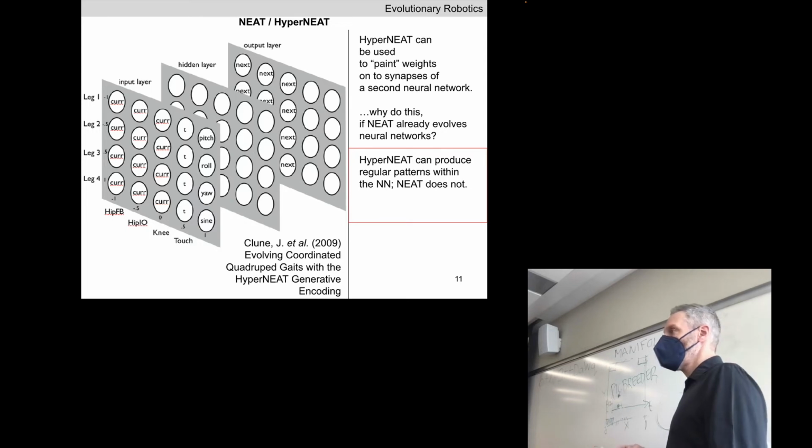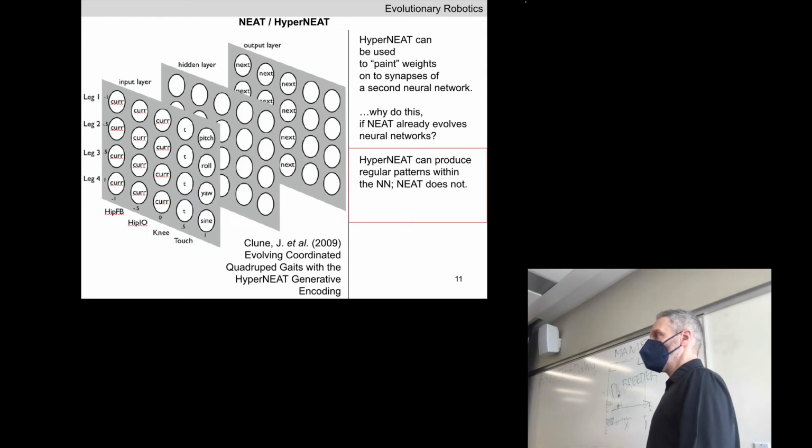I was thinking of for each input neuron. Remember that in a CPPN, yeah, exactly. This is a little tricky. We're painting weights onto the synapses of this neural network. The neural network itself is embedded in 3-dimensional space. Each of the neurons has a coordinate in 3-dimensional space. Makes sense. We should start with 3, right?